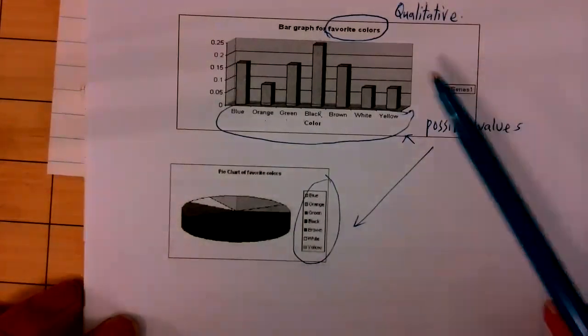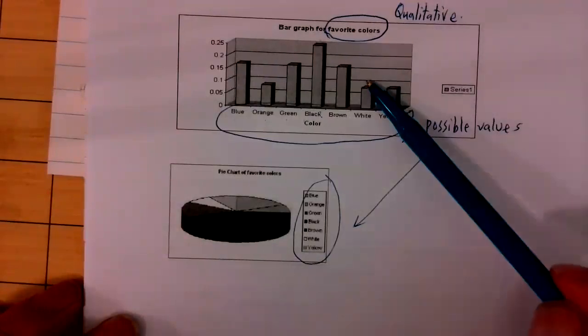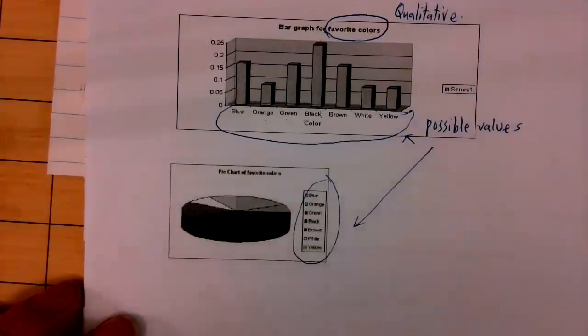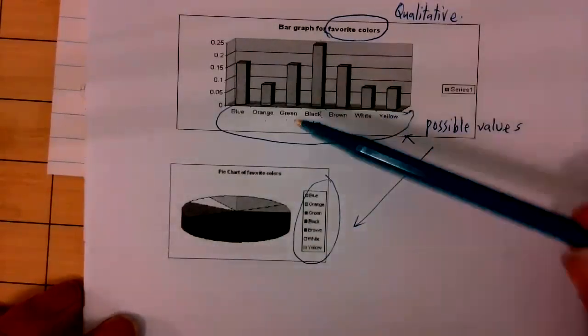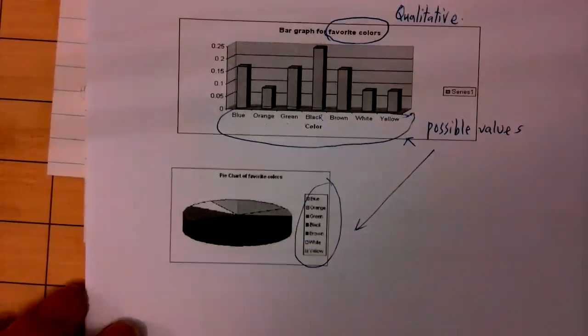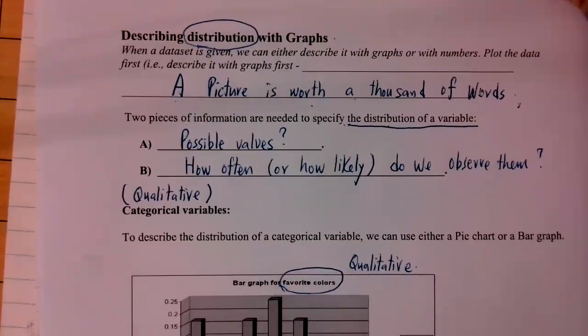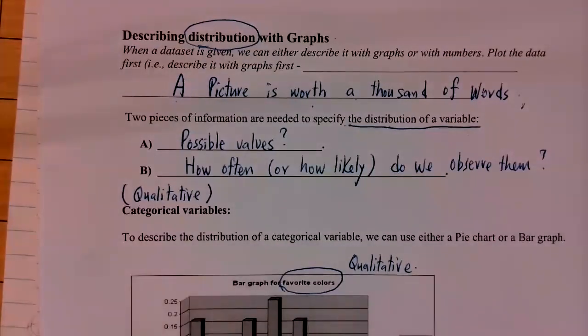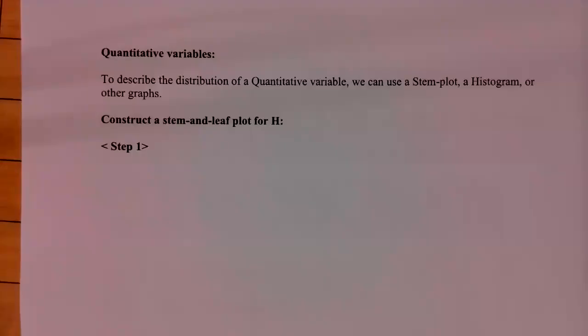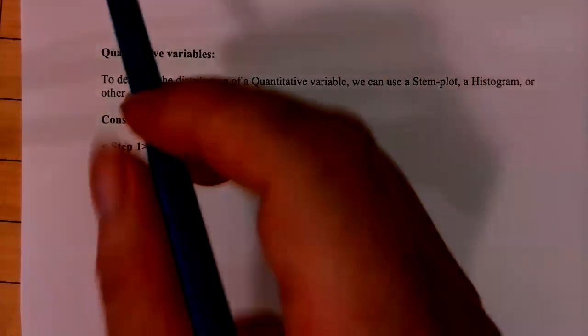So we use a bar graph or pie chart to show the distribution of a categorical variable. If you want to copy: for a categorical variable, we can use a bar graph or pie chart to show the distribution.